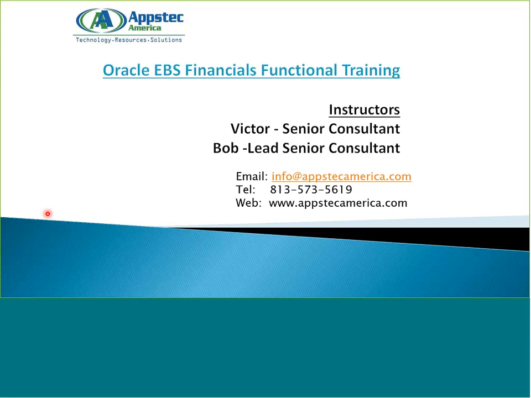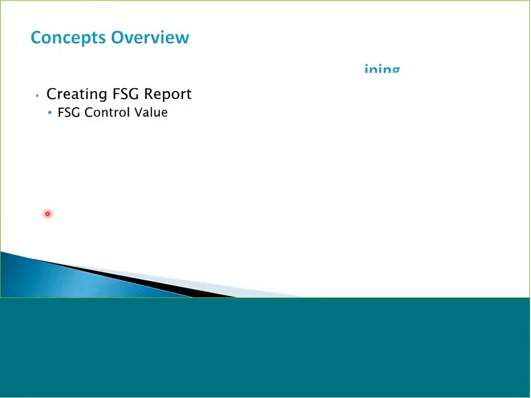Thank you, Bob, for the introduction, and welcome to this lesson in our Oracle Financials Functional Training Series. In this lesson, we are going to stay on track with our topic of FSG reporting, and we're still looking at how to use the FSG control value.